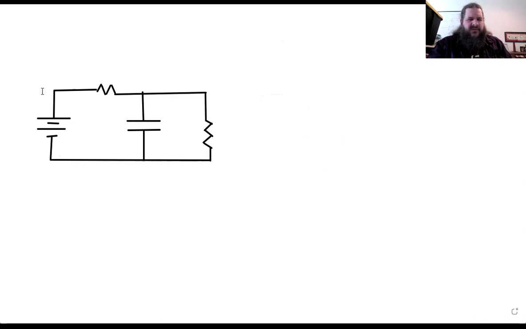So let's say we have some numbers here. Let's say we know the epsilon for the battery is, let's call that 12 volts. And let's say these resistors have resistances, let's say 1 ohm and 5 ohms.